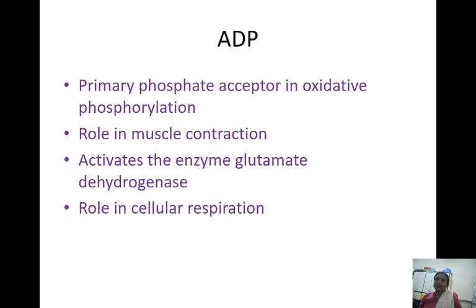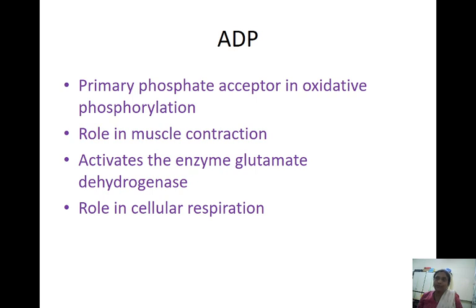Next, coming to another adenine nucleotide, that is ADP. ADP is adenosine diphosphate, and it is a primary phosphate acceptor in oxidative phosphorylation. In oxidative phosphorylation, ADP couples with inorganic phosphate to form ATP. So it is the primary phosphate acceptor.